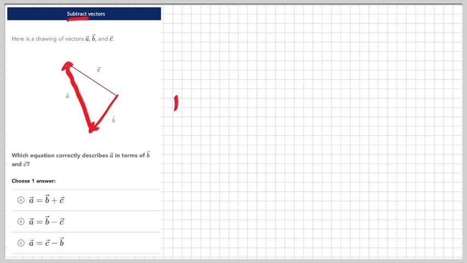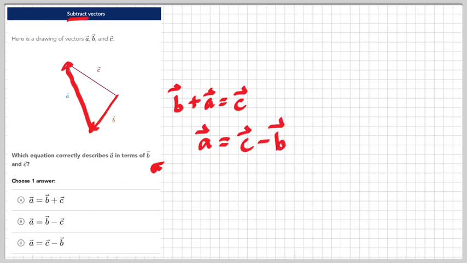So if I went vector B plus vector A, that's going to get me vector C. The directions say we want to get vector A alone. That sounds kind of simple. We just need to subtract vector B from both sides, so we get vector A equals vector C minus vector B. And then I look to see if our answer is down here, and yeah, there it is.